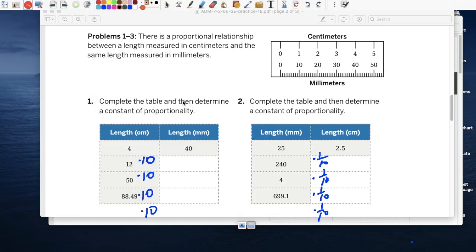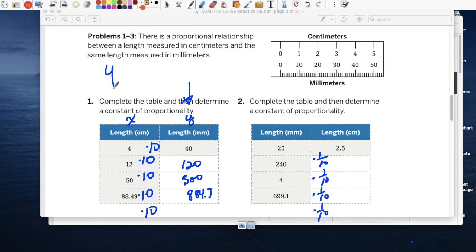Okay. So the equation here, think about what I am doing to this column. Let's call this the x and y columns. So this is 120, this was 500, and this was 884.90. How am I getting y? What do I have to do to find the length in millimeters?